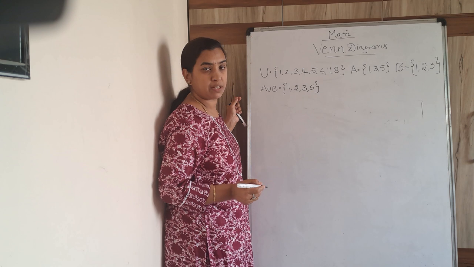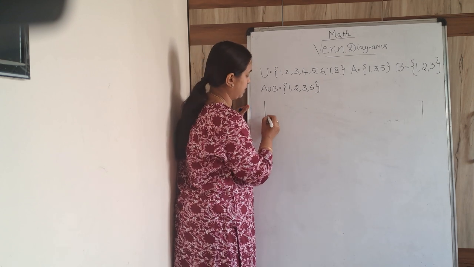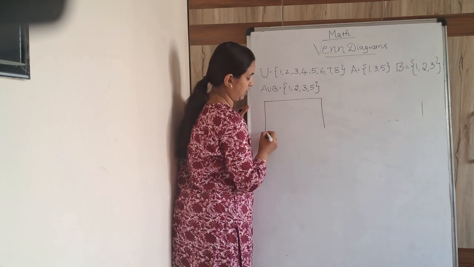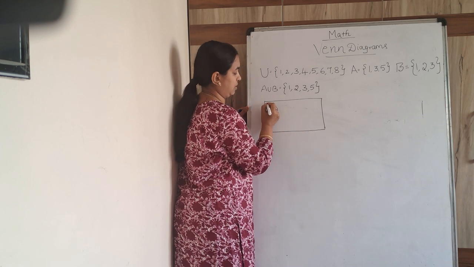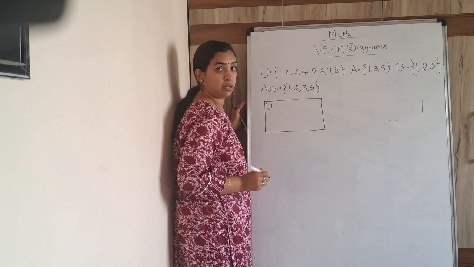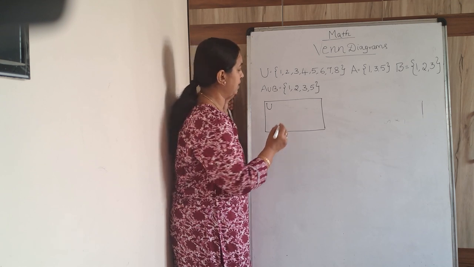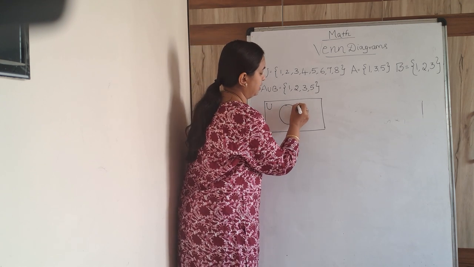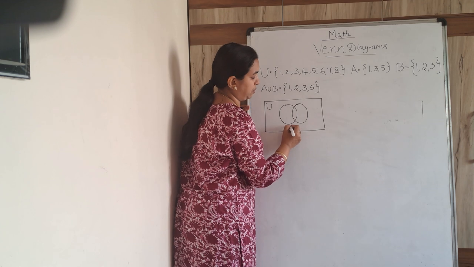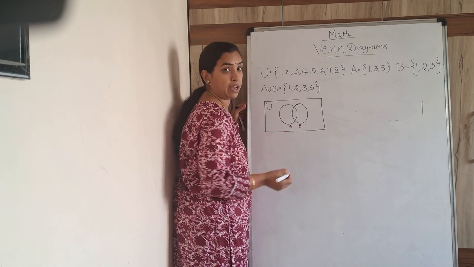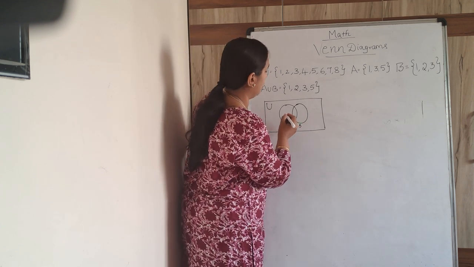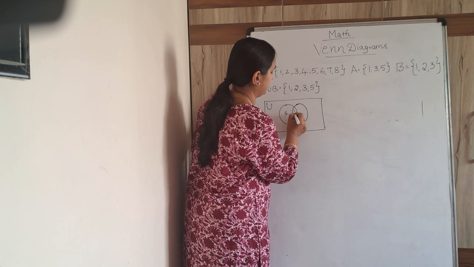In order to express it in terms of a Venn diagram, you need to draw a rectangular box. I will write U here because it represents the universal set. And these two circles represent the sets A and B. So I am going to write down the elements.